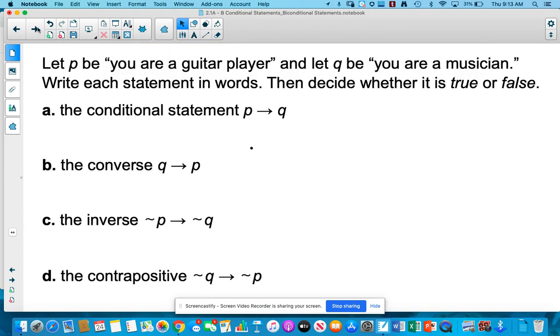Okay, so let's look at how this will look in your homework. It says, let P be, you are a guitar player, and let Q be, you are a musician. Write each statement in words, then decide whether it is true or false.